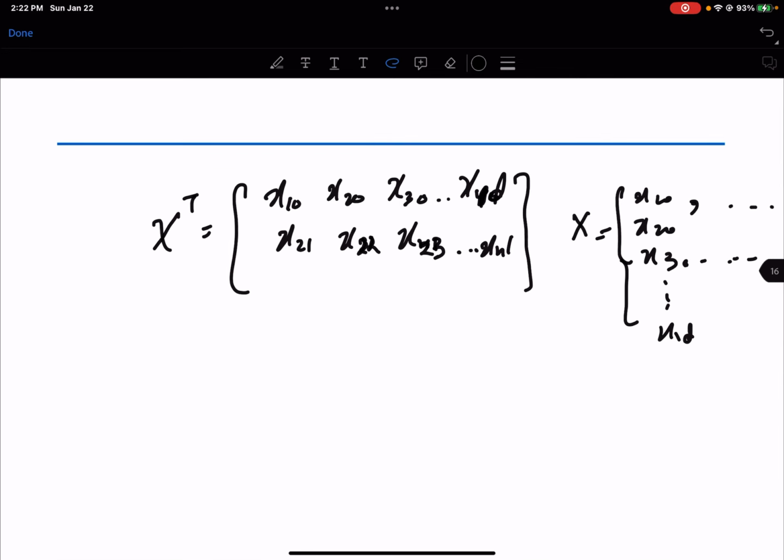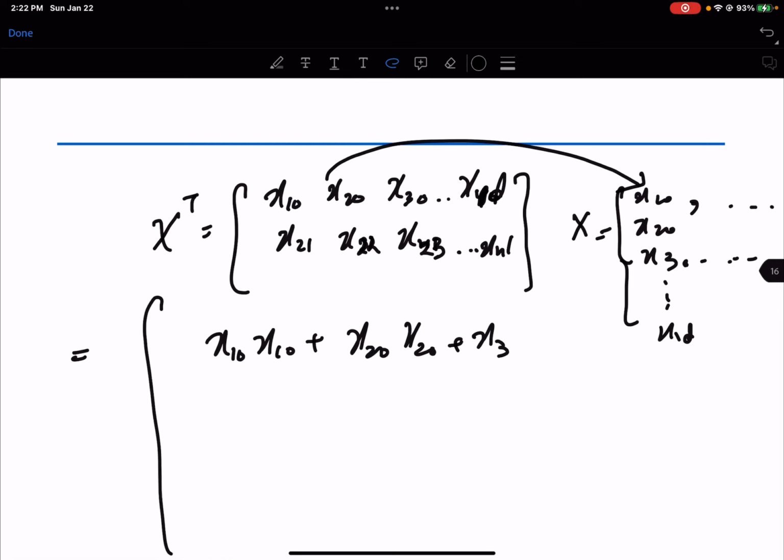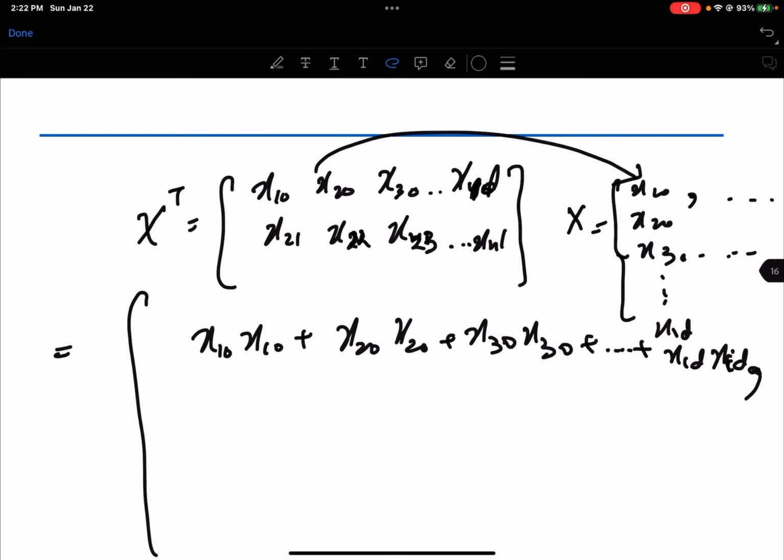And then if we multiply this with this, the first term will be 1 0 1 0 plus 2 0 2 0 plus 3 0 3 0 and so forth, 1D to 1D. And this is your first term for the matrix, with a comma.